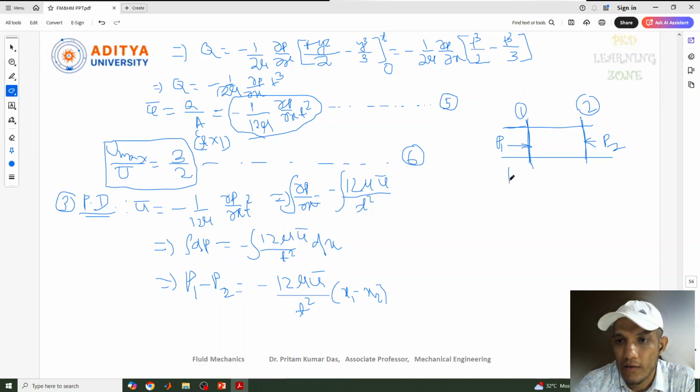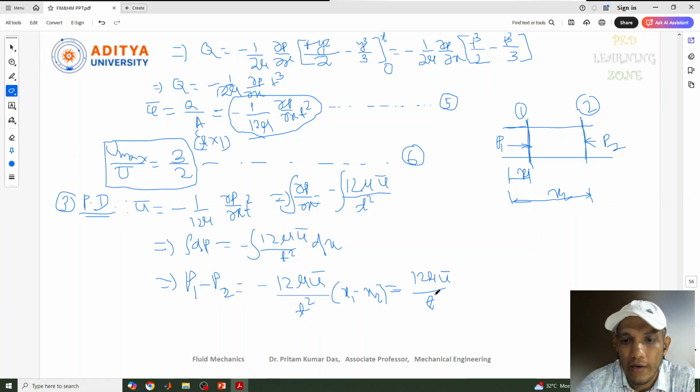Suppose this is x1 and this is x2. Now here I can write this in terms of x2 minus x1, so minus plus can be written. So this is 12 mu u bar by T square, and here I can write x2 minus x1.